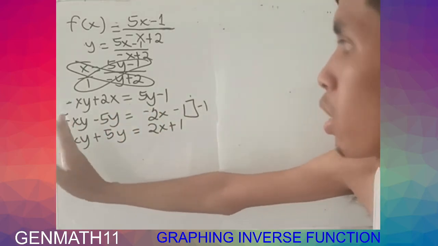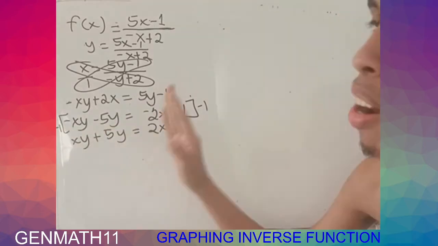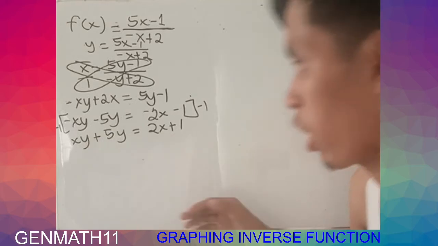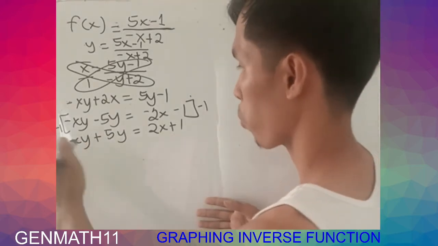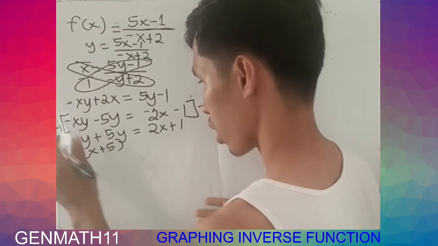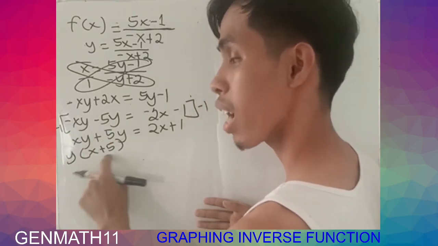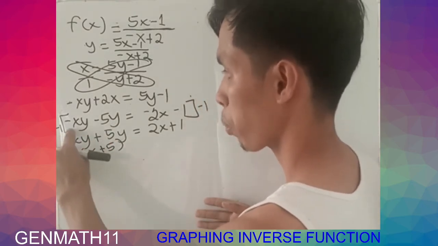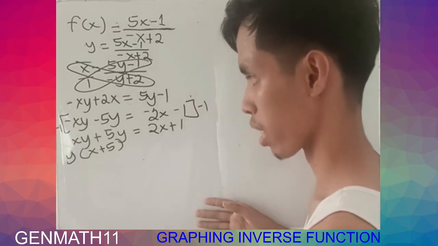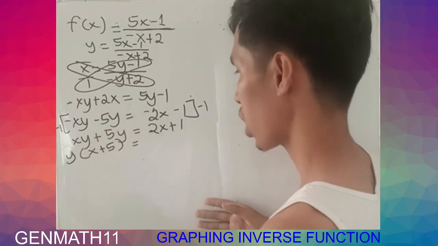Lagi na una si xy kaysa yung y lang. Kasi kapag pinactor natin siya, anong factor ni xy plus 5y? Di ba nilalabas natin si y? Okay. Dapat nauna pa rin si variable kaysa number. Kaya tayo nag-multiply ng negative 1 dito para makancel out si negative 1 sa may y. Okay? Para hindi tayo mahirapan mamaya.